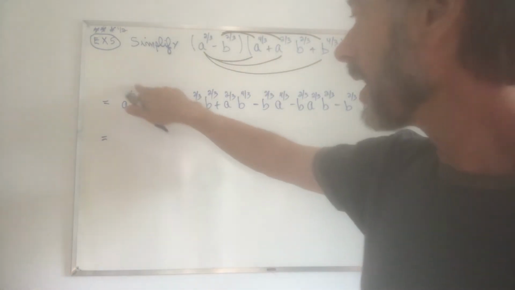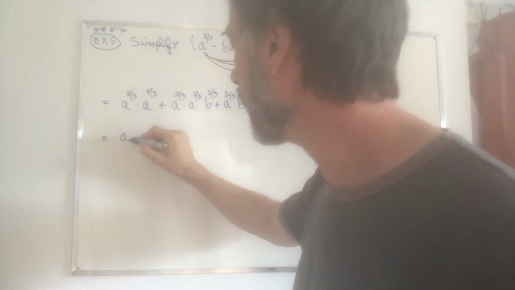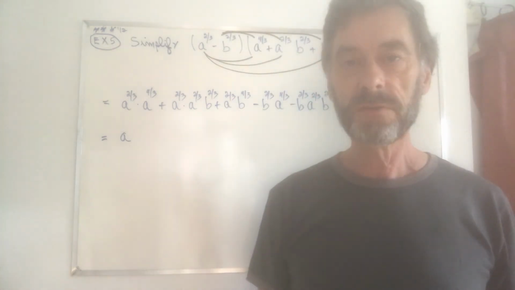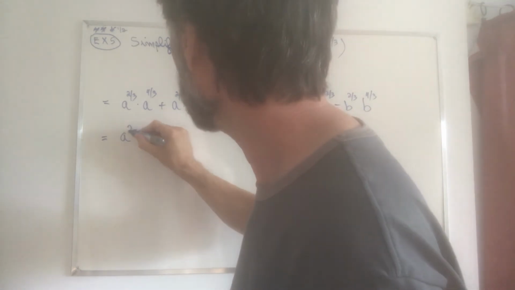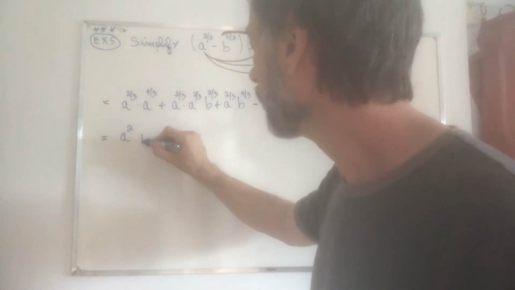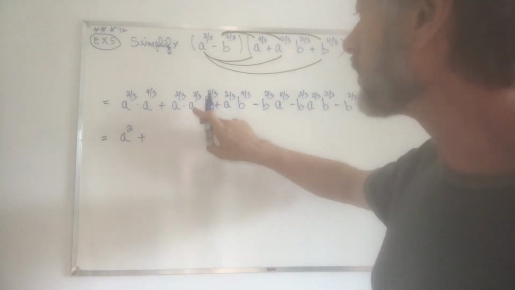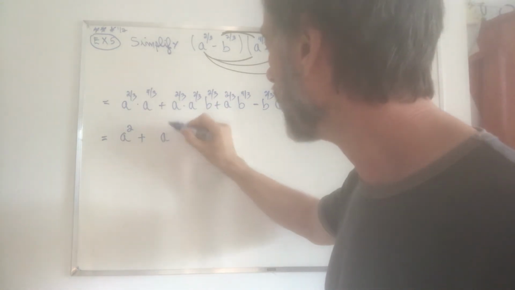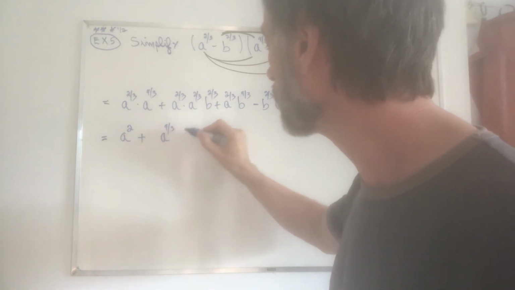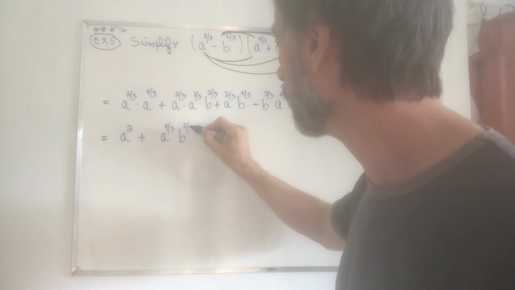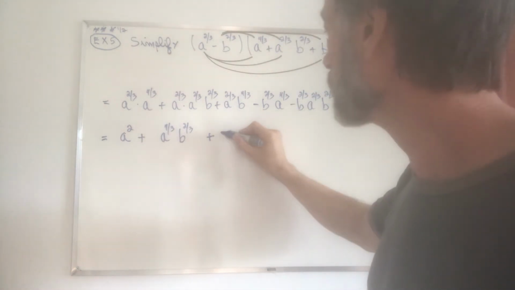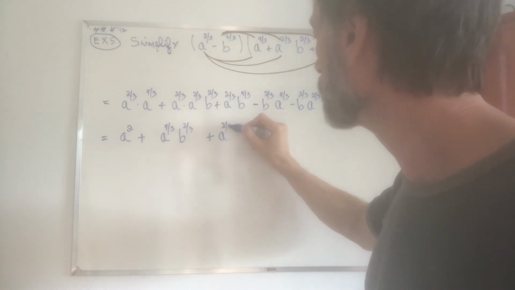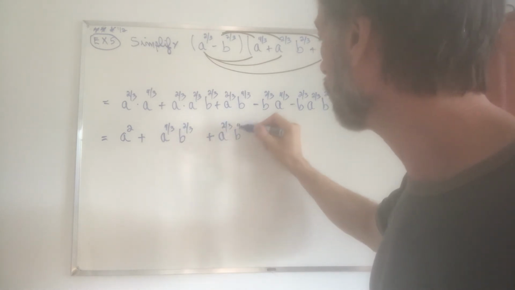Same base, add the exponents. That's a to the 2/3 plus 4/3. That would be 6/3, yes? 6/3, that's a squared. Plus a to the 2/3 times a to the 2/3, that's a to the 4/3 times b to the 2/3. Plus this here stays what it was, a to the 2/3, b to the 4/3.